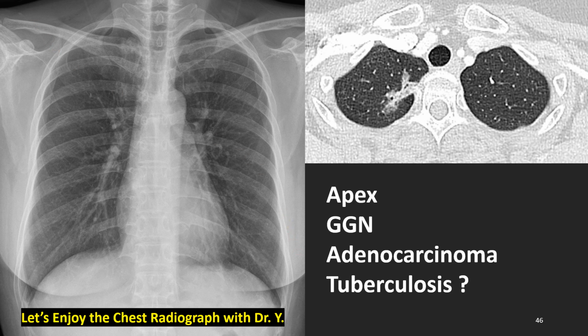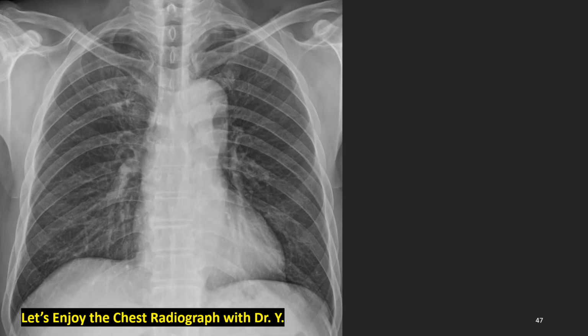Yes, in the apex of a right upper lobe, there is a ground glass nodule proven as adenocarcinoma. This is the famous place where tuberculosis, acid-fast bacilli loves to live in. So sometimes we may be confused with the tuberculosis and adenocarcinoma of ground glass nodule.